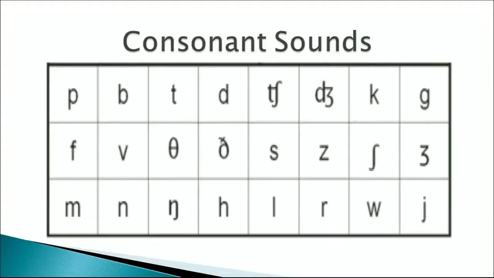Then the next sound is h, h as in horse, here, hour, hair. The next sound is l as in low, level, lamp, lamb, etc. Then the next sound is r as in ran, run, roll, etc. And next the sound that we are going to learn is w.